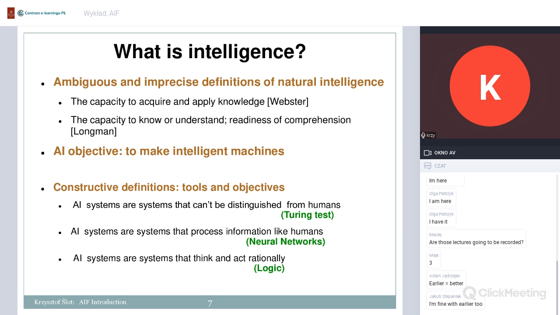And the last definition was a definition that says that AI systems are systems that think and act rationally. And basically, that was probably the first way of developing AI algorithms.